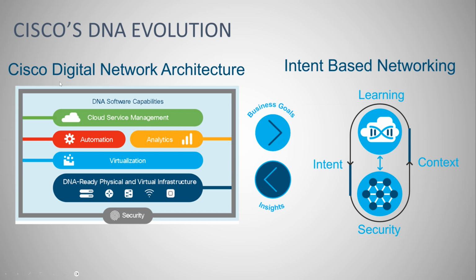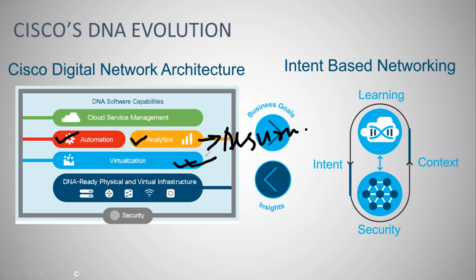Now here you can see the high-level diagram of the DNA architecture. It's not the low-level diagram. DNA can do automation, DNA can do analytics. We have something called the assurance engine to do all the analytics. Can DNA do virtualization? It says it can.